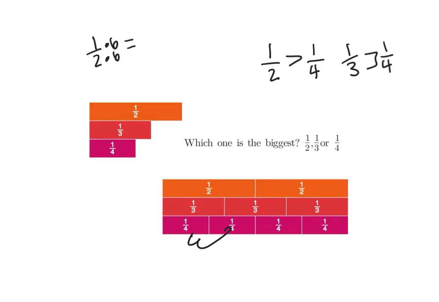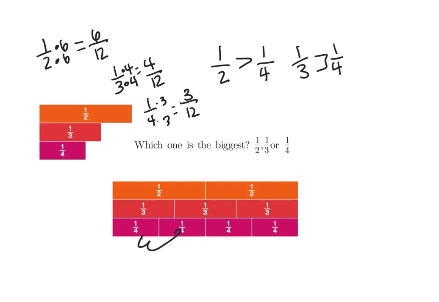So I'm going to multiply the numerator and the denominator of 1/2 by 6. Then 1/3 times 4 gets us 4 over 12. And for our 1/4, we multiply by 3. So we can see that we have 3/12, 4/12, and 6/12.